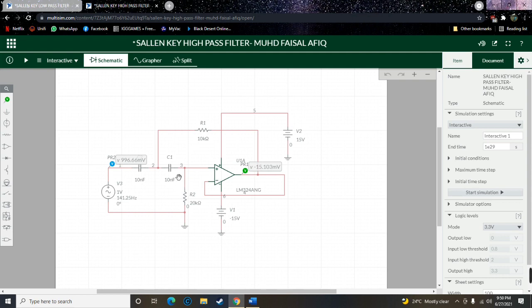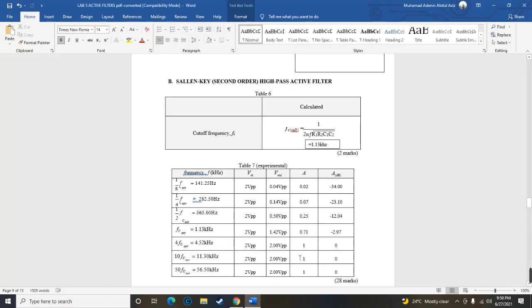Also below here, from capacitor into the resistor. We call this second order because they have two sections, one section and two sections. So this is different between the high and low pass filter. Now this is the value we calculated for the cut-off frequency.